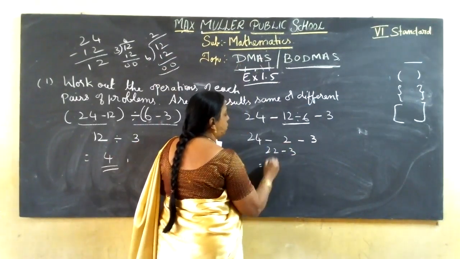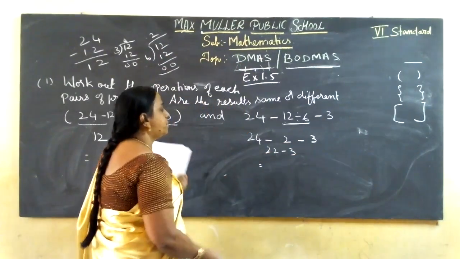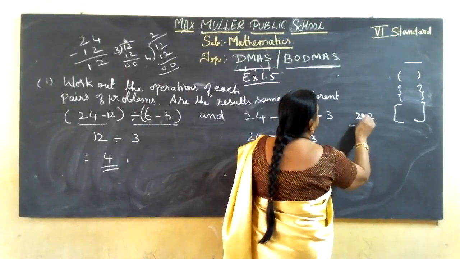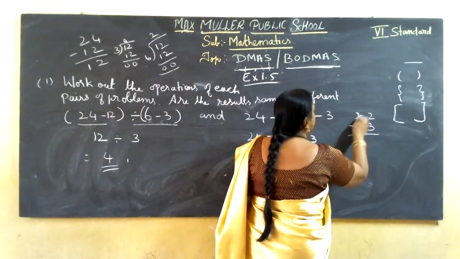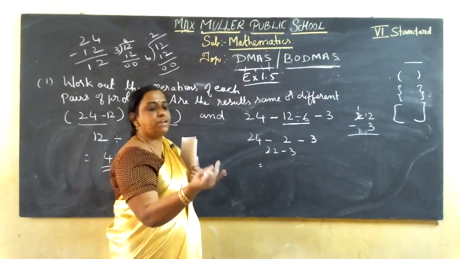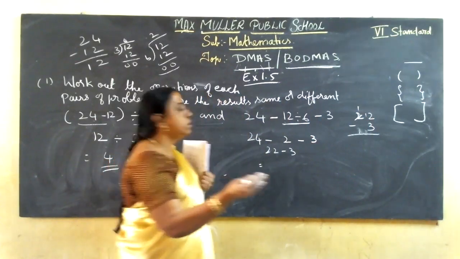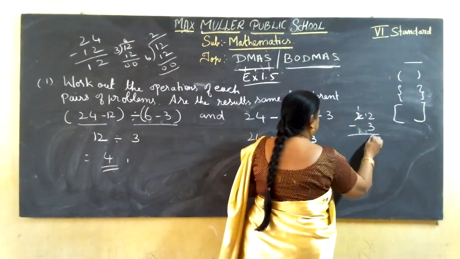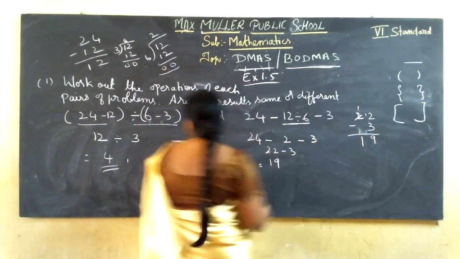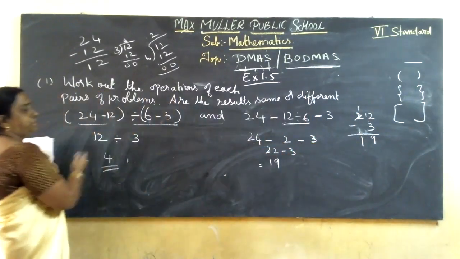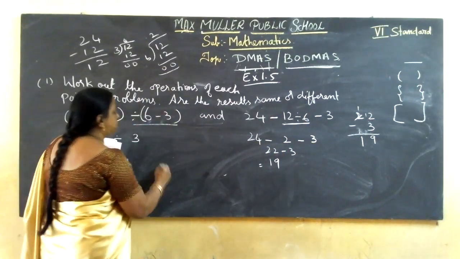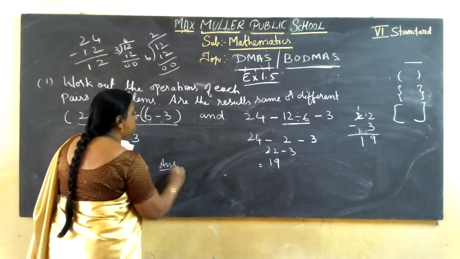Minus 3 equals how much? 22 minus 3 is 19. So the answers are what? Different. Even though same numbers, same operations, with brackets present and brackets not there, the answers we got are different.